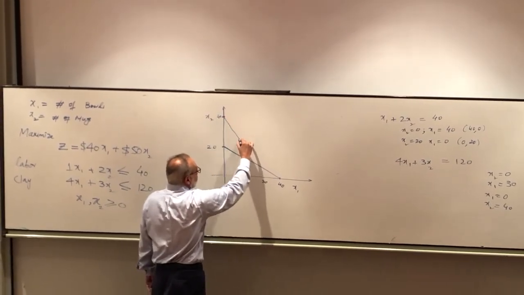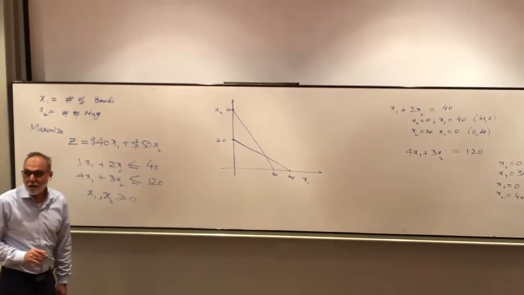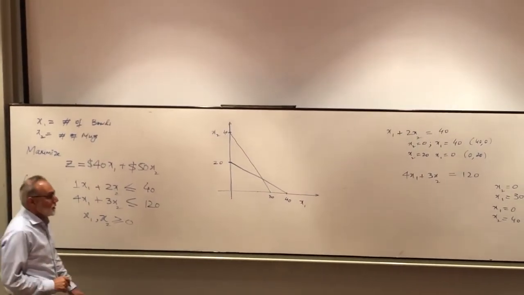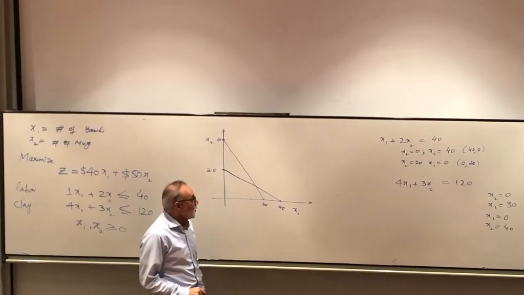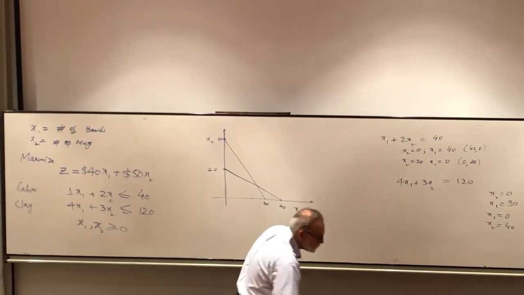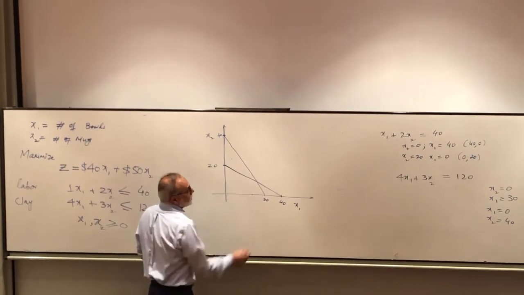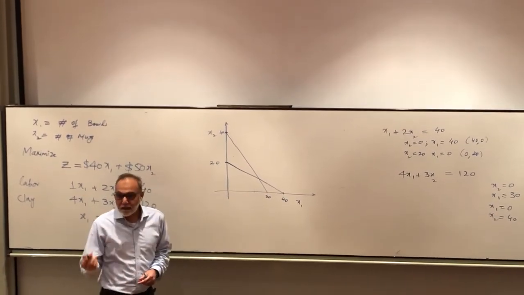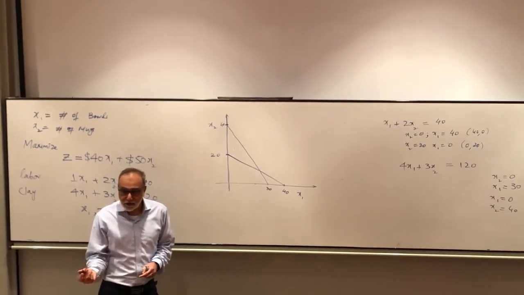Again, the constraint is valid on this side. Now, any point here, for example, or here, is respecting one constraint, but it is violating the other constraint.